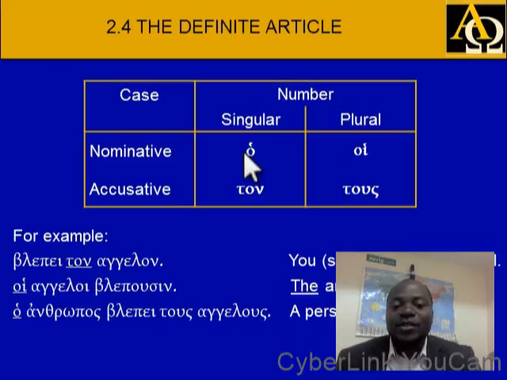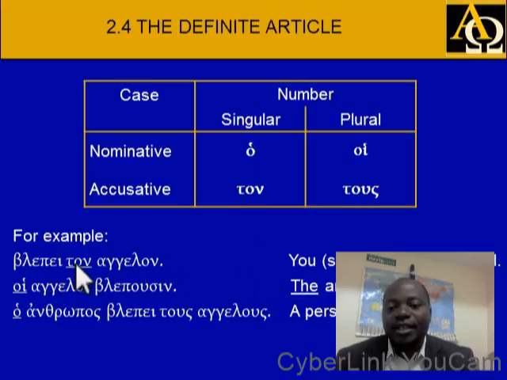So ho logos, hoi logoi, ton logon, tous logous. Okay. So each definite article agrees with the case that it is part of. So in this case we have blepe, ton angelon.